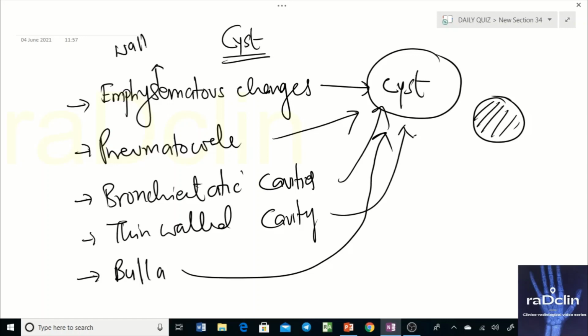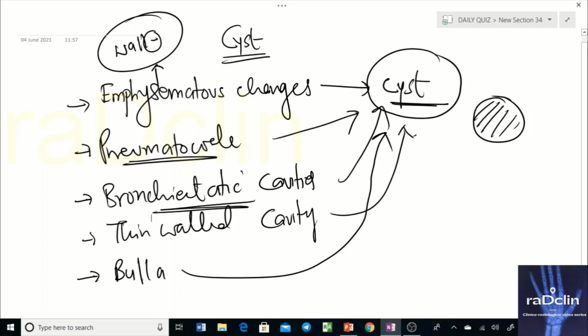Characteristically, the wall is absent in emphysematous changes, but they can have a slightly thin wall, so they can look like a cyst also. Okay, and if emphysematous changes are surrounded by fibrosis, a patch of fibrosis, then definitely the wall becomes slightly thick, so it can appear like a cyst. Similarly, pneumatocele can present like a cyst, a bronchiectatic cavity can present like a cyst, a thin walled cavity can present like a cyst, and a bulla can present like a cyst.